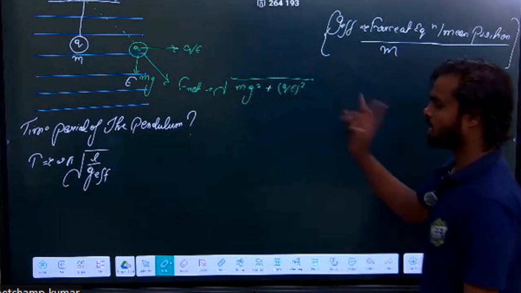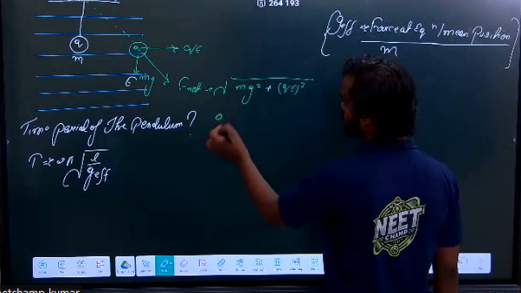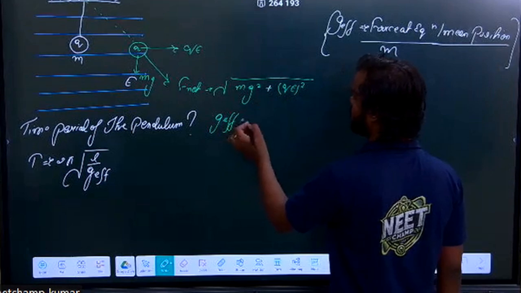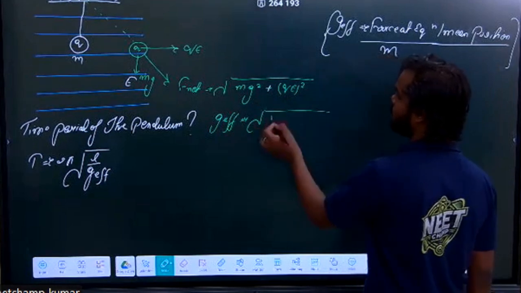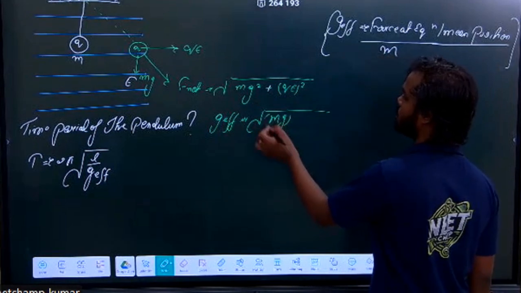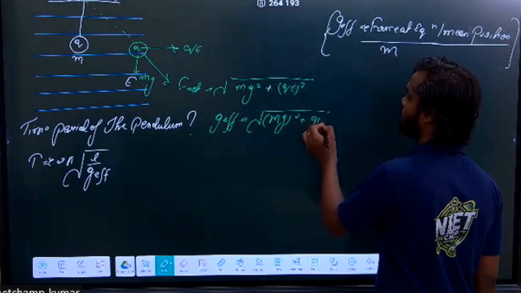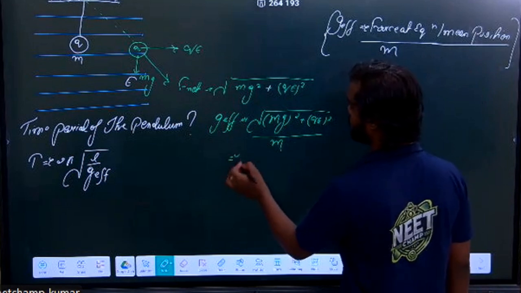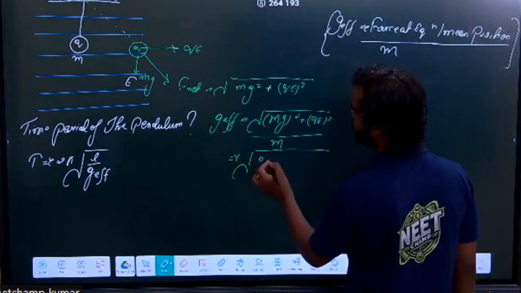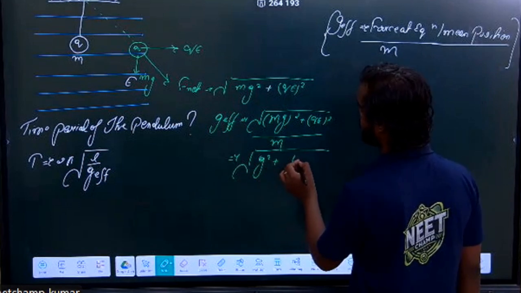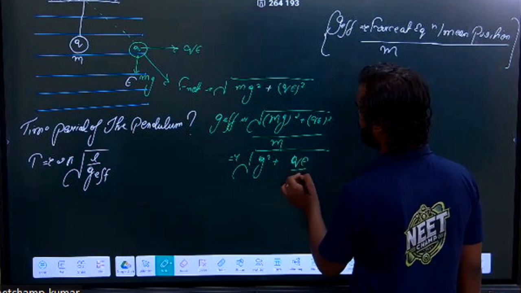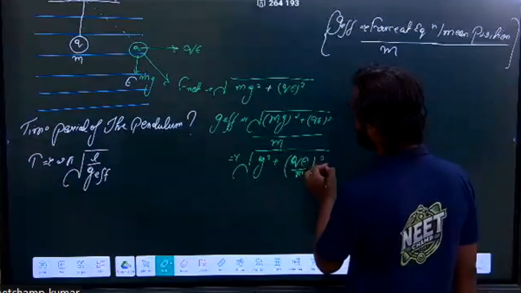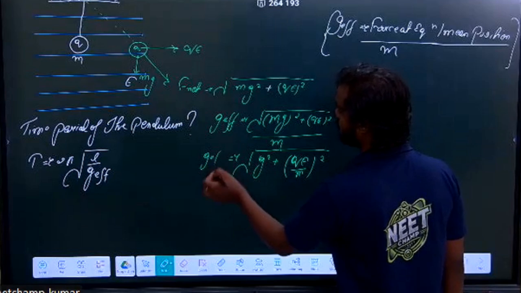This is my net force. So what is my g effective? My g effective will be the force at the mean position, root over of (mg) whole square plus (QE) square, divided by m. So this is equal to root over of g square plus (QE by m) whole square. That is my g effective here.